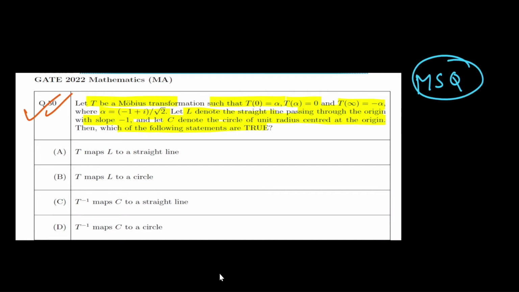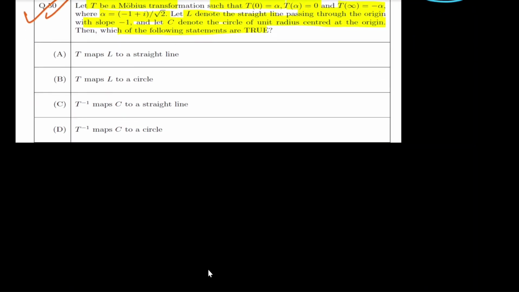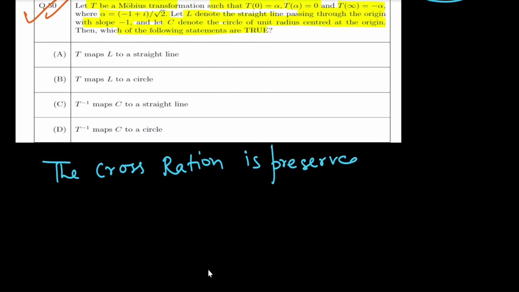Now first we find the transformation. So we know that the cross ratio is preserved for a Mobius transformation or bilinear transformation, you can say. So let the bilinear transformation be from Z to W. Here 3 points are given, so W1, W2, W3.